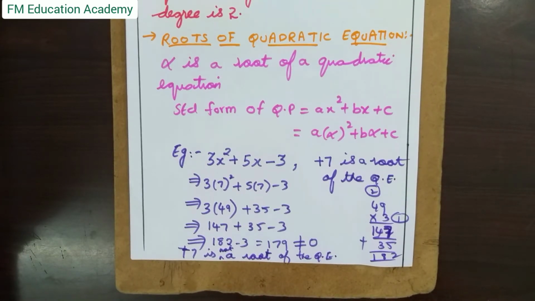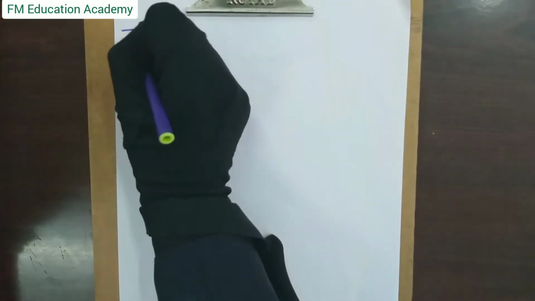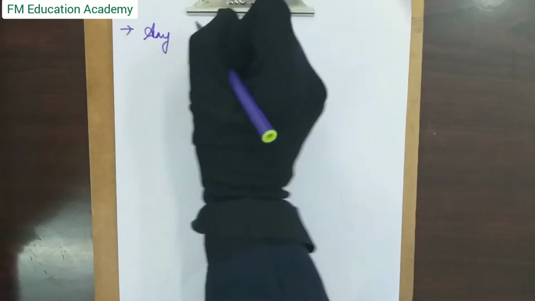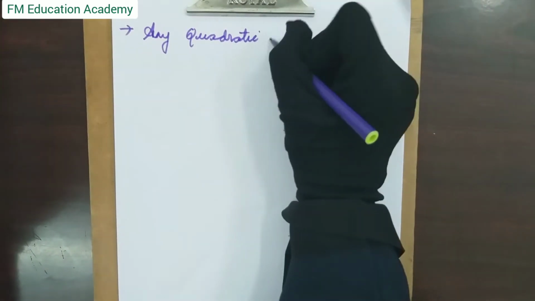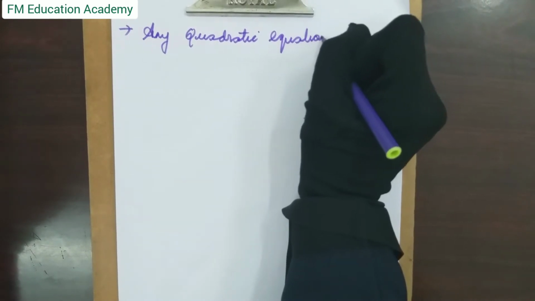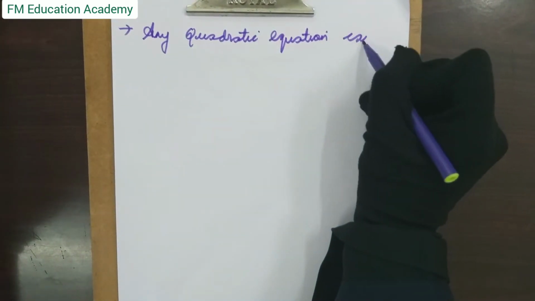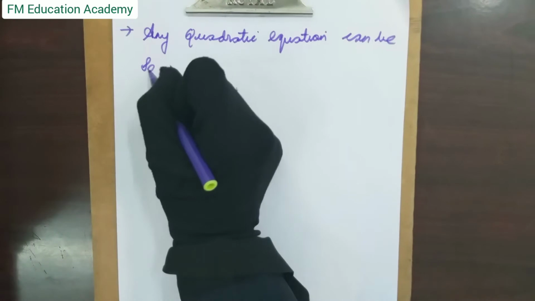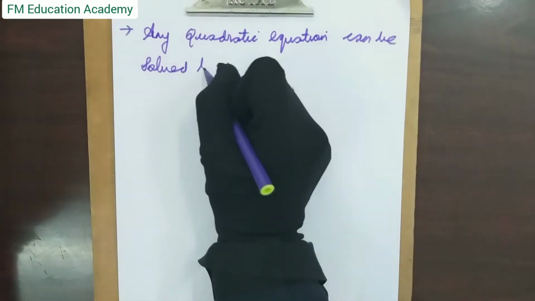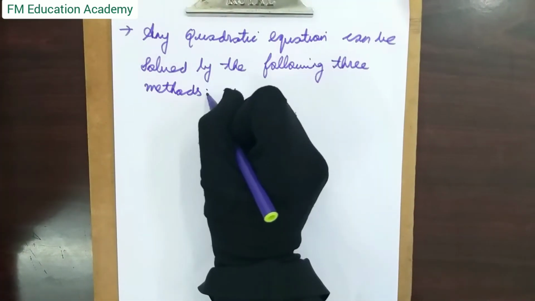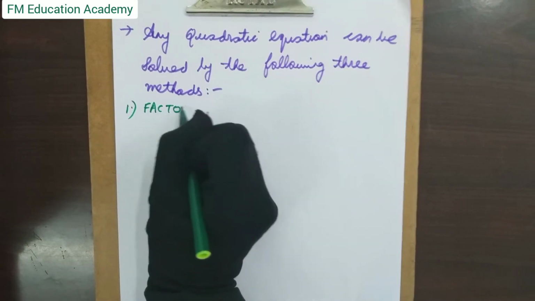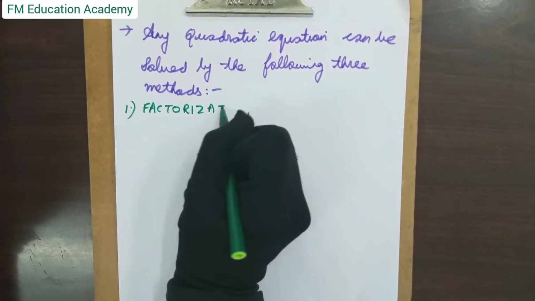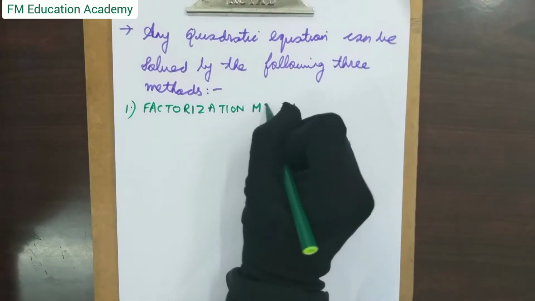Now let us find out the methods by which quadratic equations can be solved. Any quadratic equation can be solved by the following methods. First method is the factorization method, which is also called splitting the middle term.